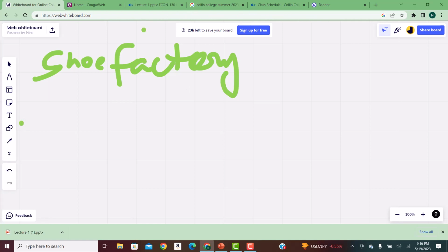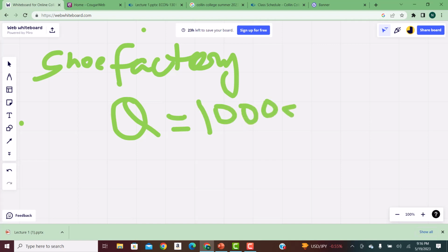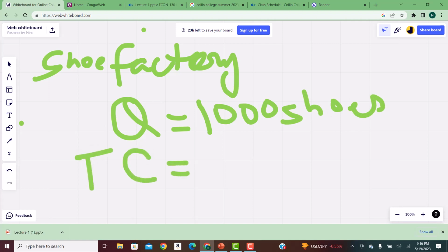Assume currently the factory is producing an output of 1,000 shoes. Okay, and the total cost to produce these 1,000 shoes is $125,000.